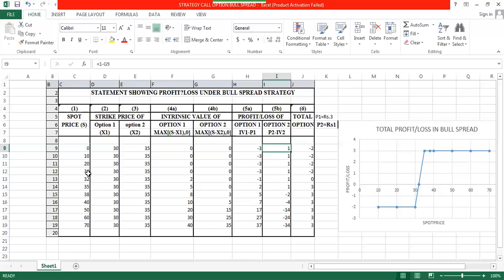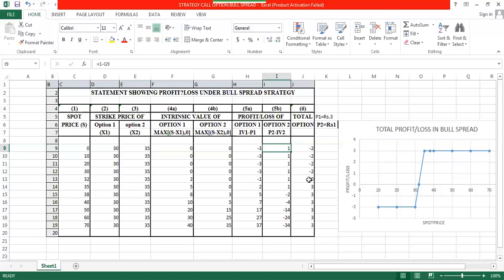With that, add the difference in the premium. You have paid 3 and you have received 1, so the net amount you have paid is 2. So add 2 to 30, this is 32. At 32 the profit becomes 0. This is called the break-even point.